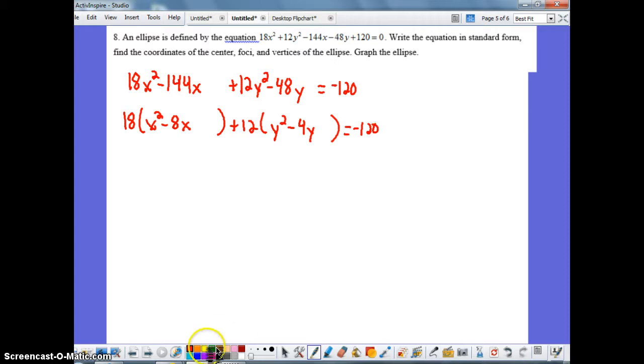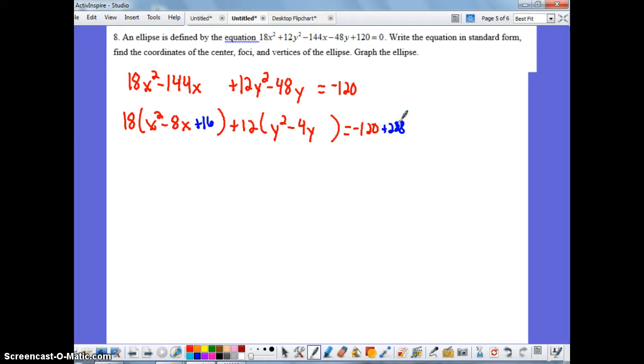Alright, so from here now I'm going to take half of the negative 8, which is negative 4, square it, you get 16. So I'm going to add 16, and 16 times 18 is 288, so that's going to be plus 288.